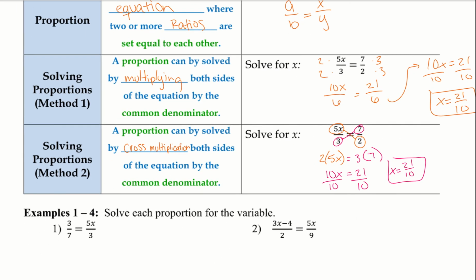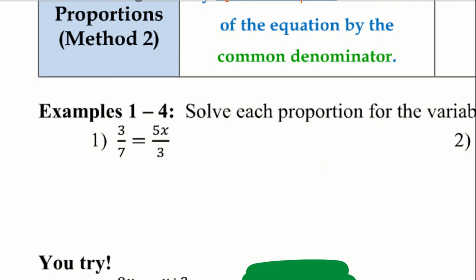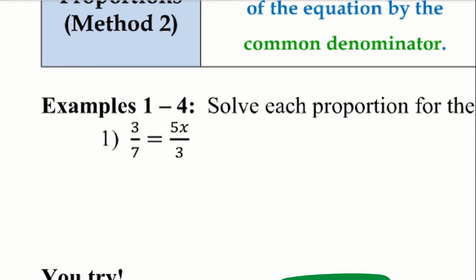All right, so let's go ahead and try a couple examples. So down here, for example 1, we have 3 over 7 is equal to 5x over 3. So I'm going to go ahead and use the cross multiplication method. So I'm going to do 3 times 3, and then I'm going to do 7 times 5x.